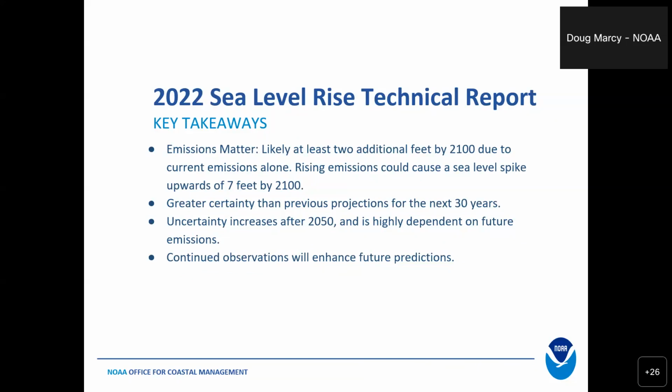But what really matters is how much emissions we're going to continue to put into the atmosphere. If we go along with what we're doing now, we could see upwards of 7 feet of sea level rise by 2100. There's much more uncertainty when we get out past 30 years. We've actually dialed in a little bit better than we had in the past for the next 30 years, but after 2050, it really is highly dependent on future emissions. I'll discuss that a little bit in a minute.